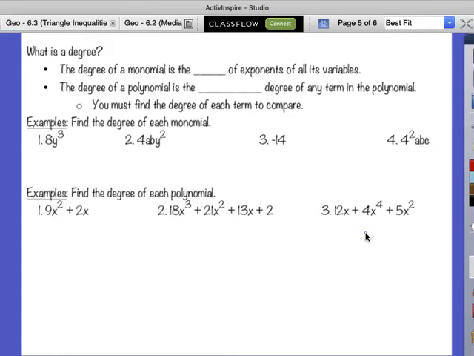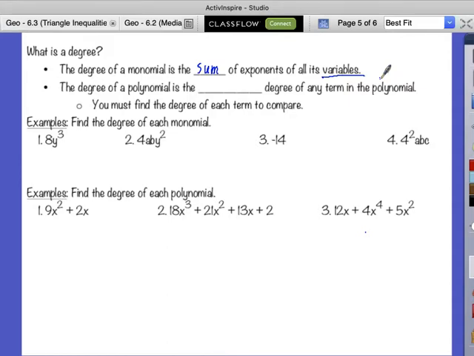We also have degrees of polynomials, degrees of variables. So, the degree of a monomial is the sum of exponents of all its variables. Does it say variables and constants? No, it just says variables. I even want you to underline that word variables, please. Now sum, we wrote that word sum in there. What does sum mean? Total. Okay, total by addition. We're adding things up.